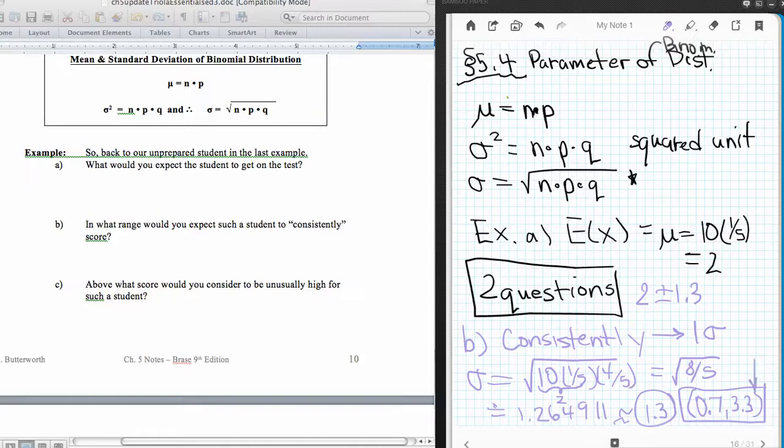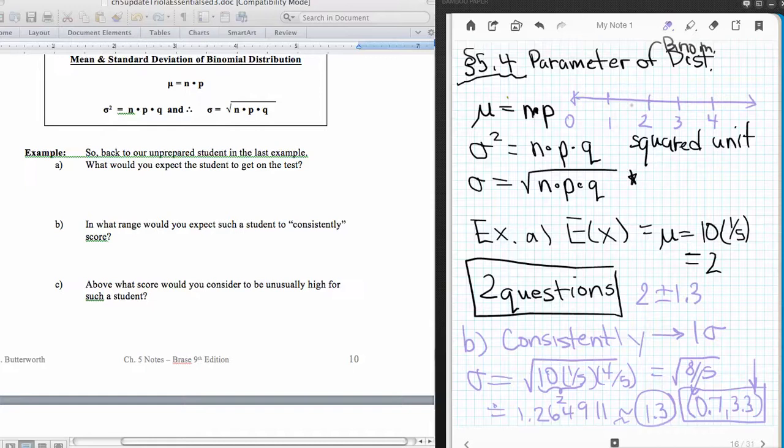So remember from algebra, your interval notations, right, that say that these are the range of values. So thinking about this on a number line, what we have going on here is here's your mean 2, and then here is 1, and here is 0, and then here's 3, and then here's 4.